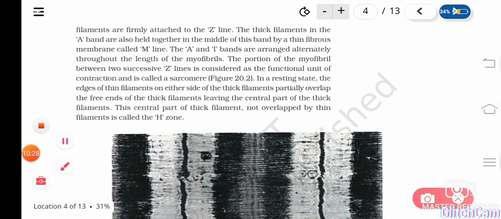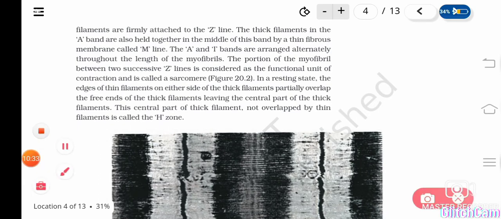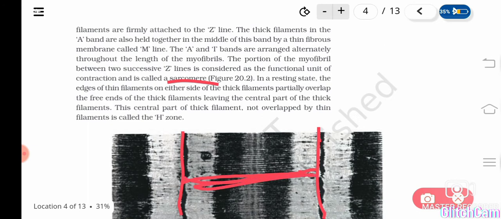So what is a sarcomere? Between two adjacent Z lines. The part between two adjacent Z lines is known as what? Sarcomere. So this much part is actually what? The sarcomere. This is one Z line, this is another Z line, and the part between these two is known as what? As the functional unit of contraction, and is known as what? Sarcomere.